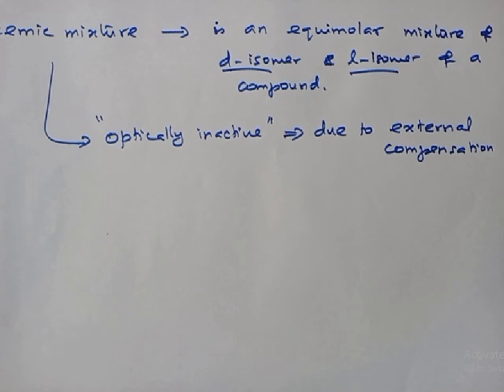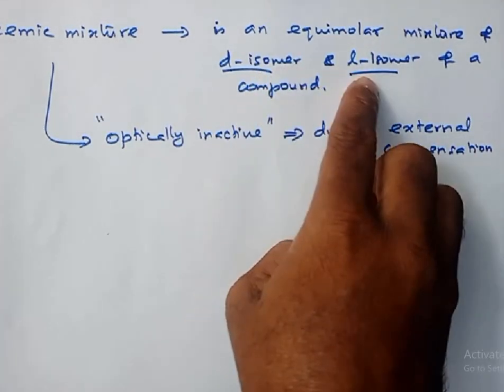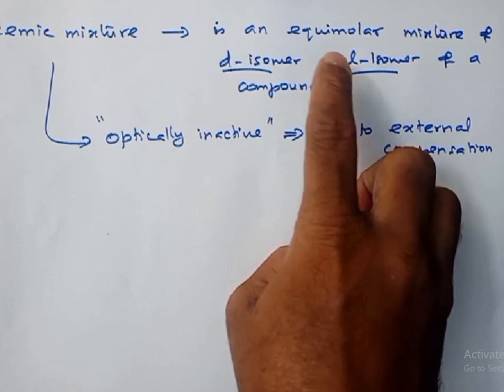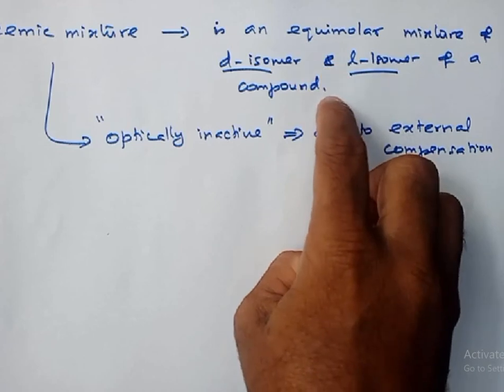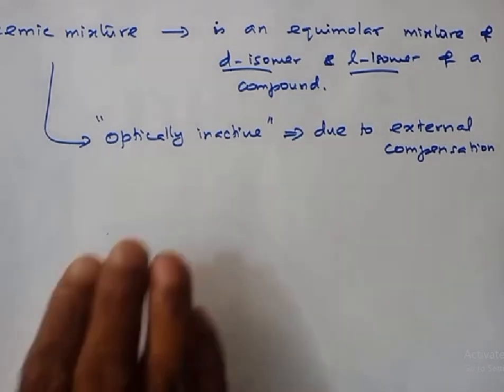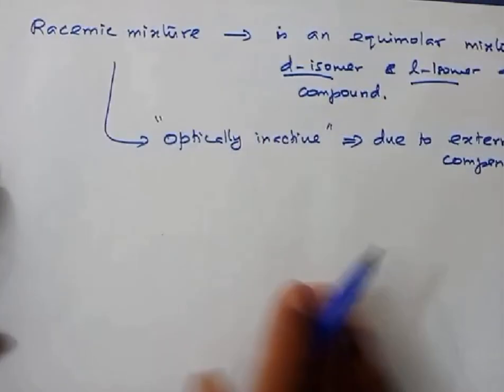You can say simply 50% D isomer and 50% L isomer present as a mixture. This is very important. You should say of a compound, because you should not take D isomer of one compound and L isomer of another compound. That becomes meaningless. D and L isomer of the same compound, if it exists as equimolar mixture, we call that mixture a racemic mixture. And racemic mixture is optically inactive due to external compensation. Okay? Keep this in mind.